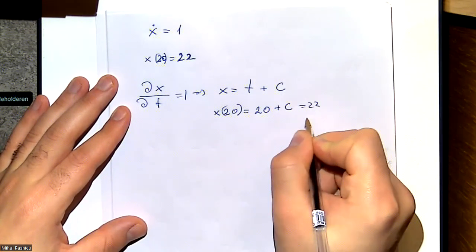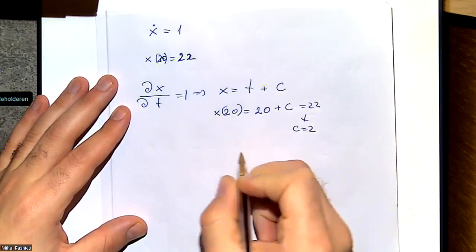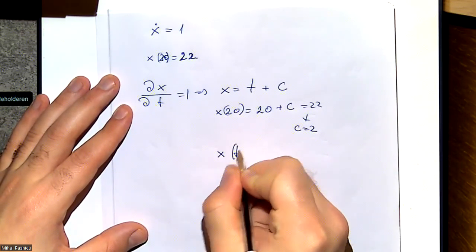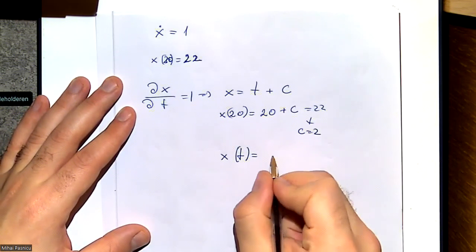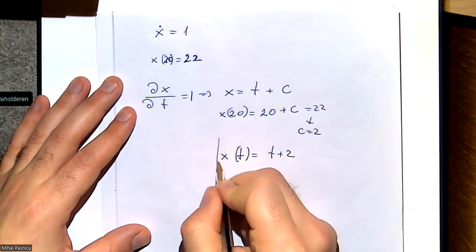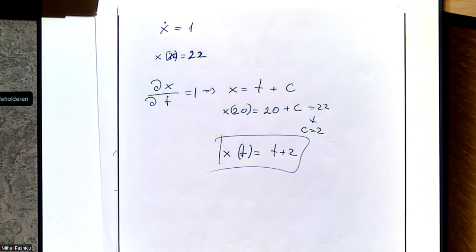I need this to be 22, so the constant is 2. So my x of t solution would be t plus 2. This would be like my observational approach. Again, if it's something really obvious, just use it to your advantage. Nobody's going to give you a prize for overcomplicating it yourself.